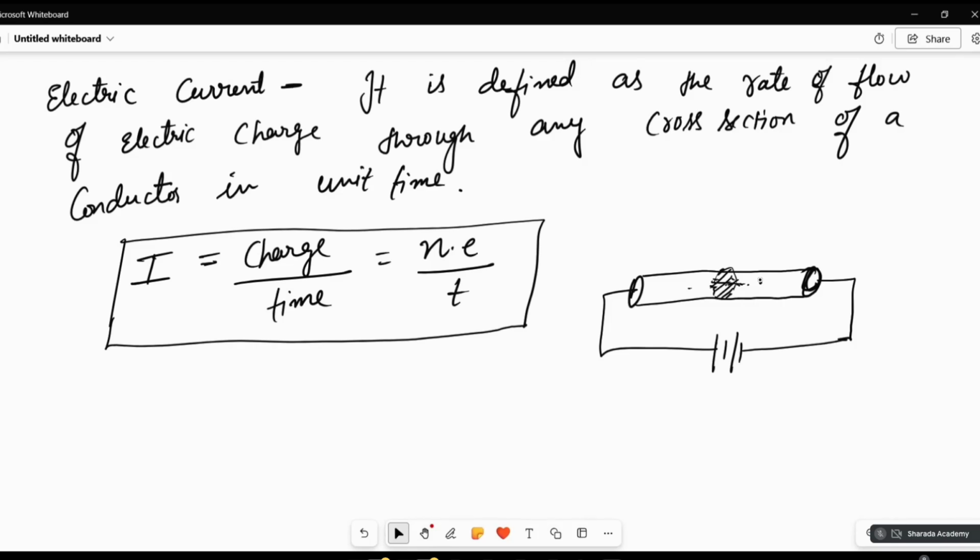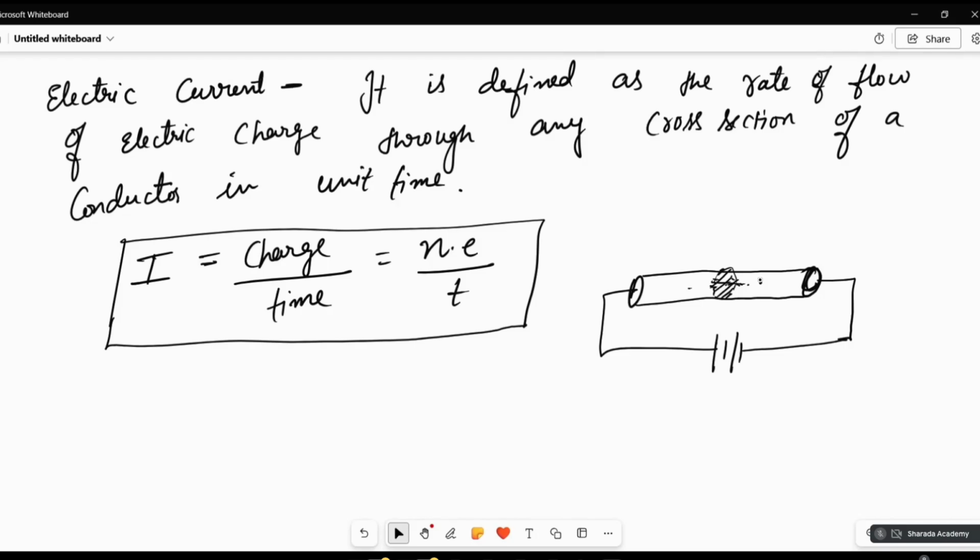For 1 second, how much charge in terms of coulombs will flow through that? That we call current. The number of electrons that flow, into its charge, is the total charge value per unit time. If you consider that, we call it current.